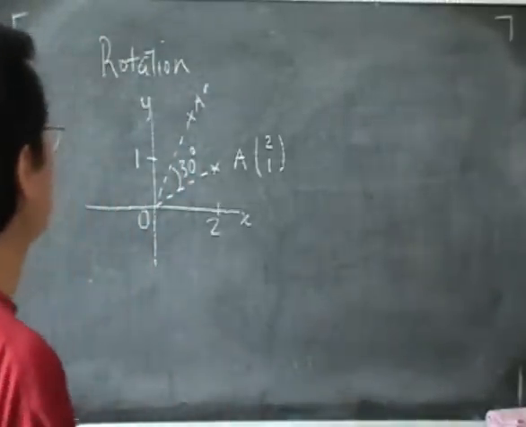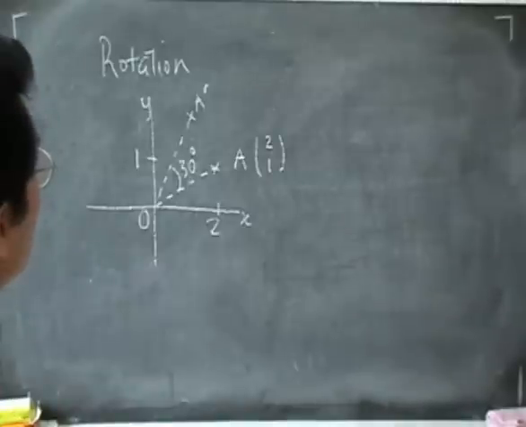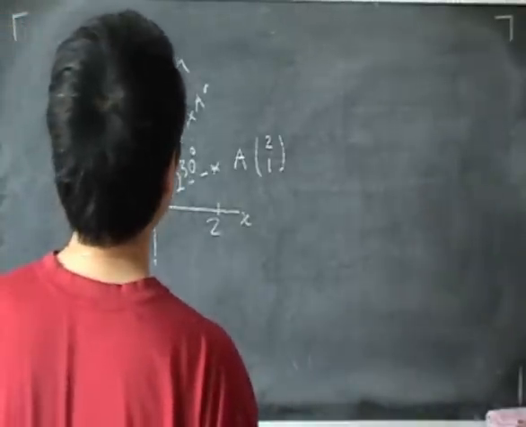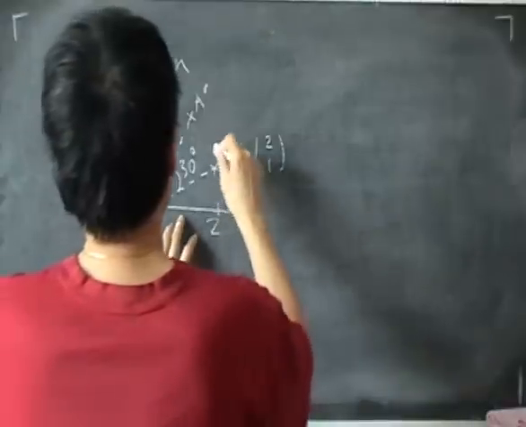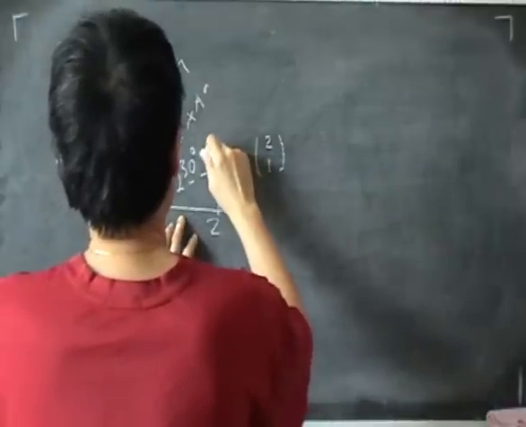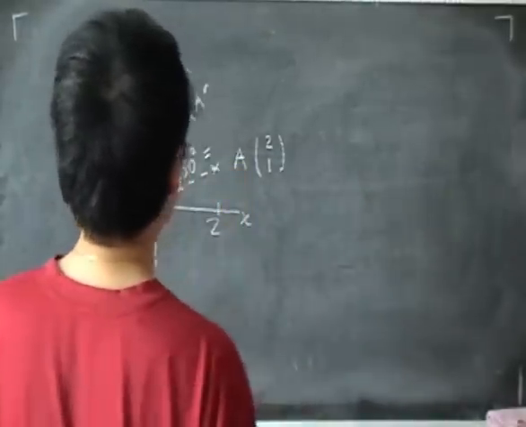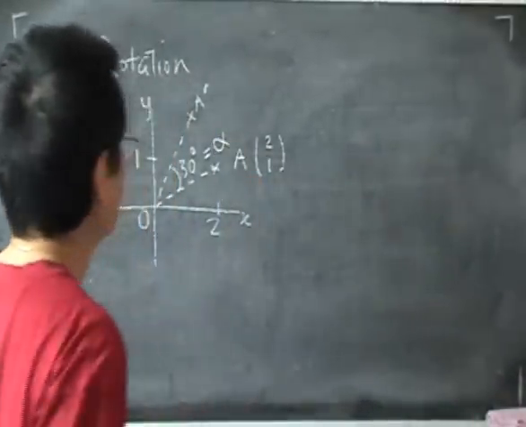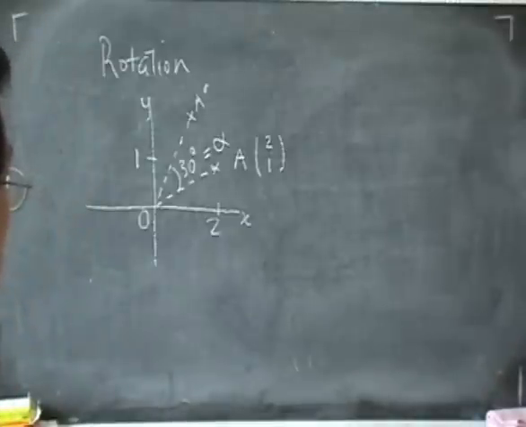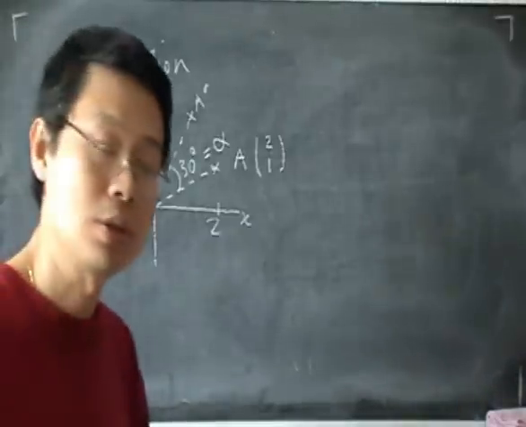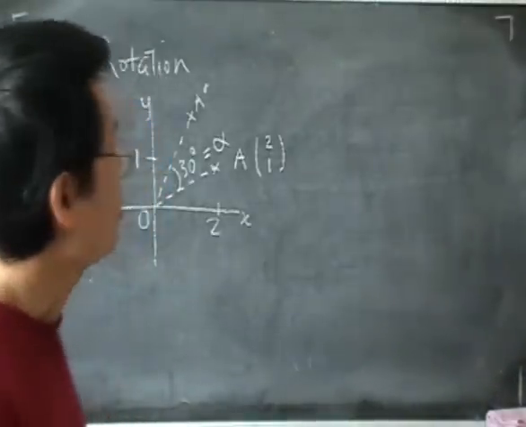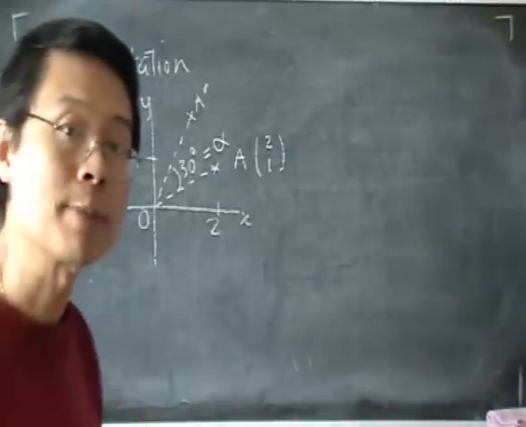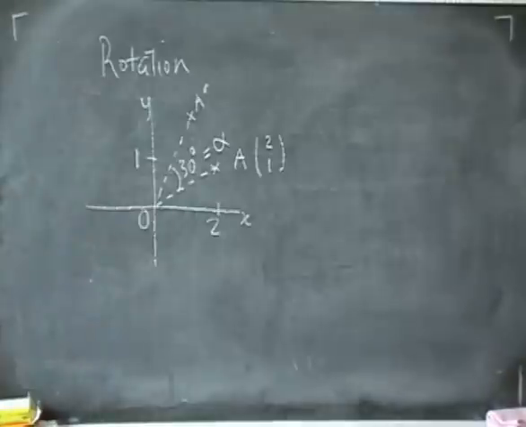So first, let me call the angle using a symbol. Let me call it alpha. Okay, so in this case the angle is alpha, and alpha is 30 degrees. So I'm just going to write down a formula for the matrix that we need for rotation.